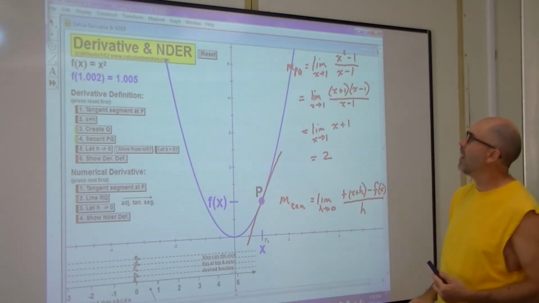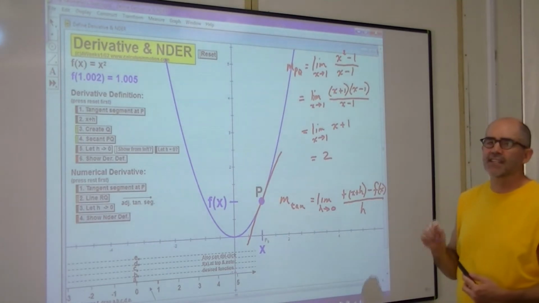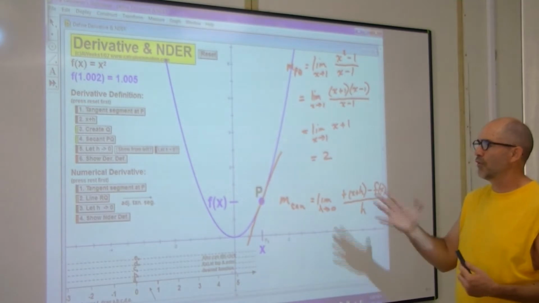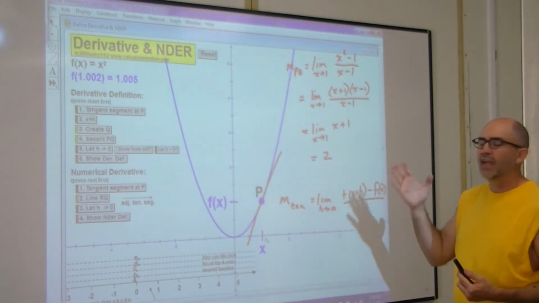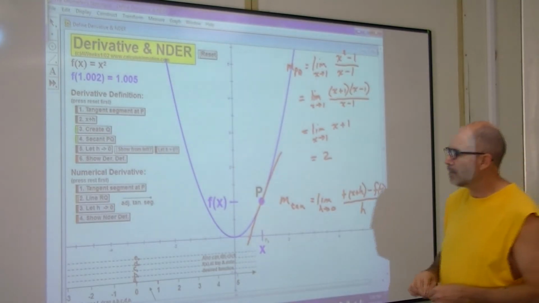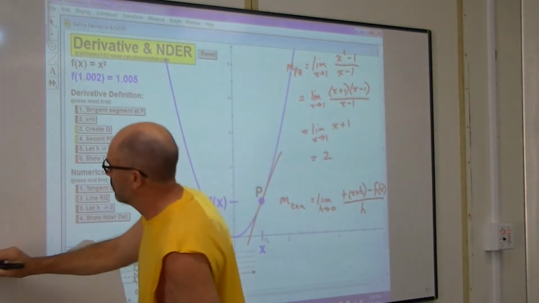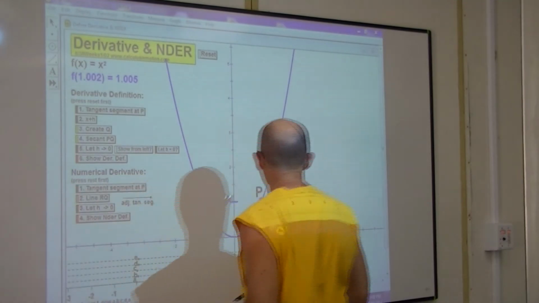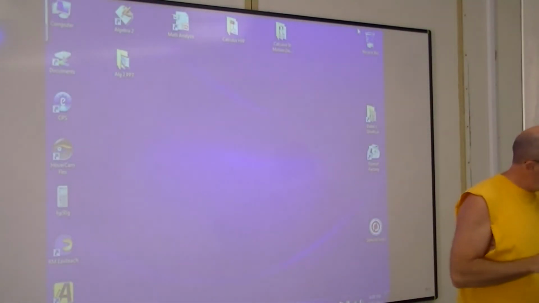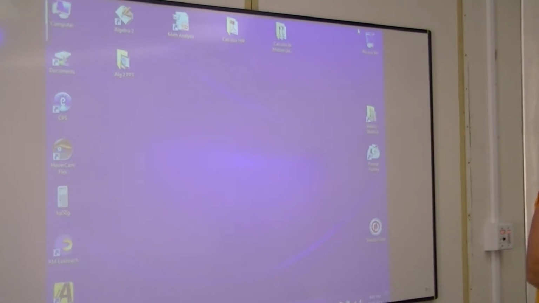But now we really need to dig into the idea of how to evaluate limits, and that's what we're going to do for the rest of this chapter until we get to the definition of derivatives. So, let's check out page 89.